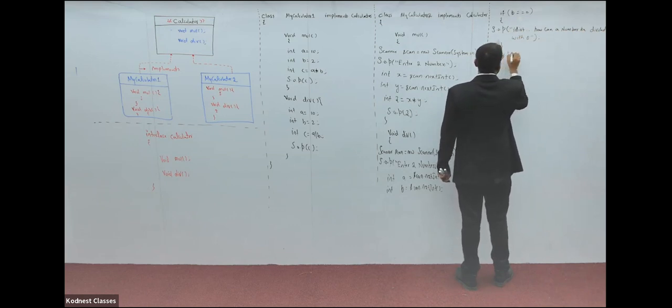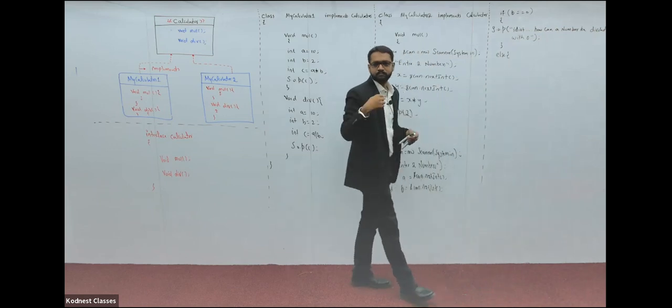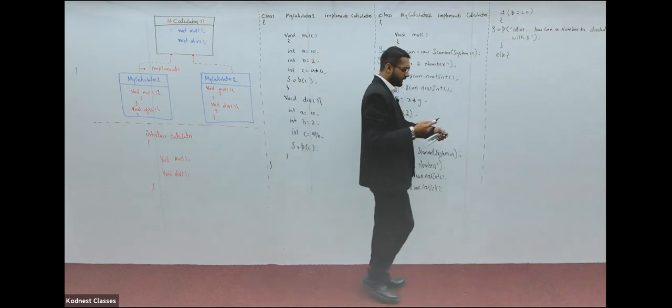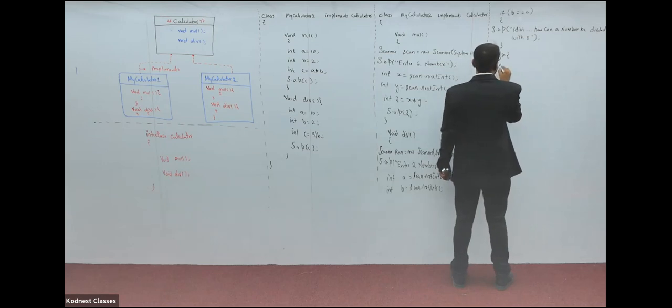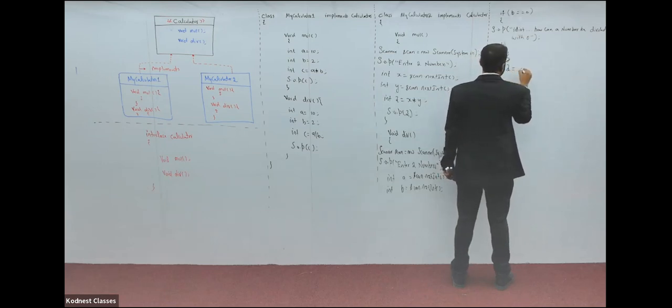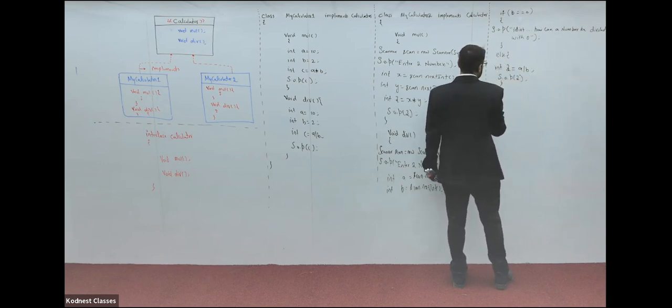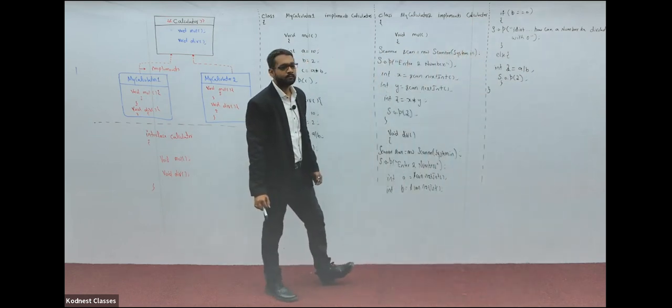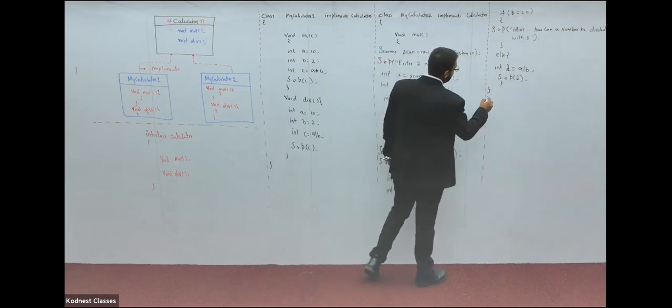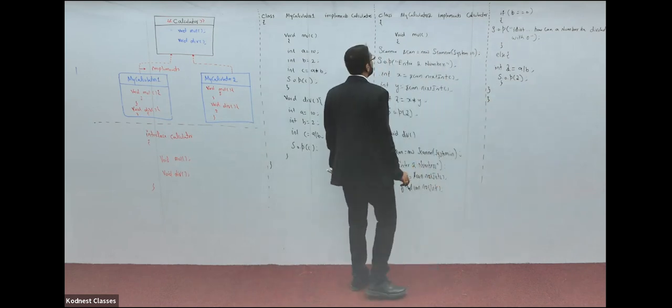Else, if it is not equal to 0, here I would tell int z equals a by b, System.out.println(z), closing the else, closing the method called div. Closing the class called MyCalculator2.